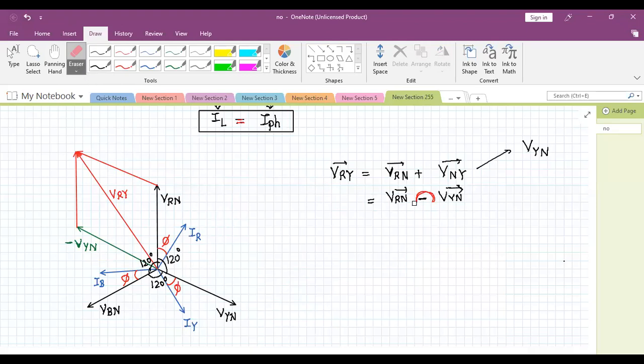Okay. Now, what is the equation of VRY? You have already studied it. It is a parallelogram, yes or no?